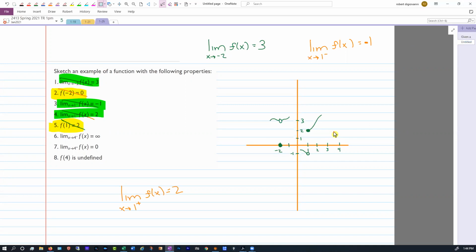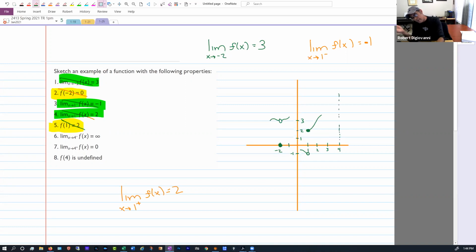Yeah, a vertical asymptote. That's exactly what it is. So I'm going to put a dotted line here, which is not part of the graph, and from the left, as I approach 4, this side has to go up towards infinity, and I'm going to draw an arrow. That satisfies the 6th condition, that as I approach 4 from the left, the function heads to infinity.